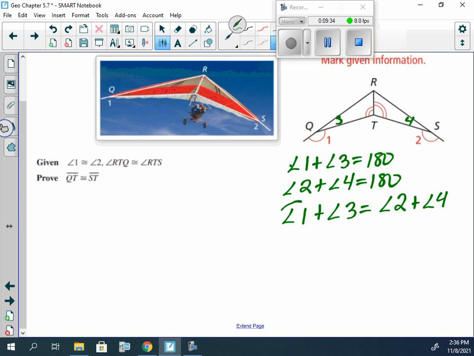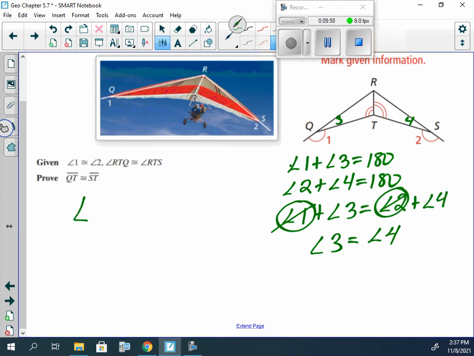But what do we know about angle 1 and angle 2? Well, they're equal, they're congruent, yes? So if I subtract them from both sides, we're really left with what angle 3 is. So those two angles will be congruent.